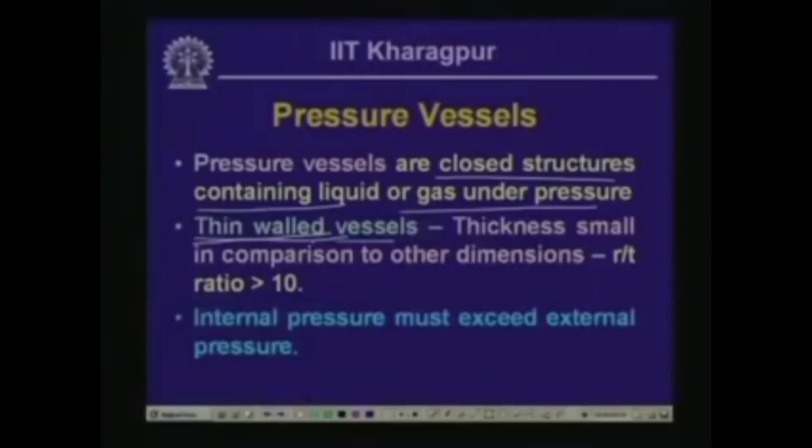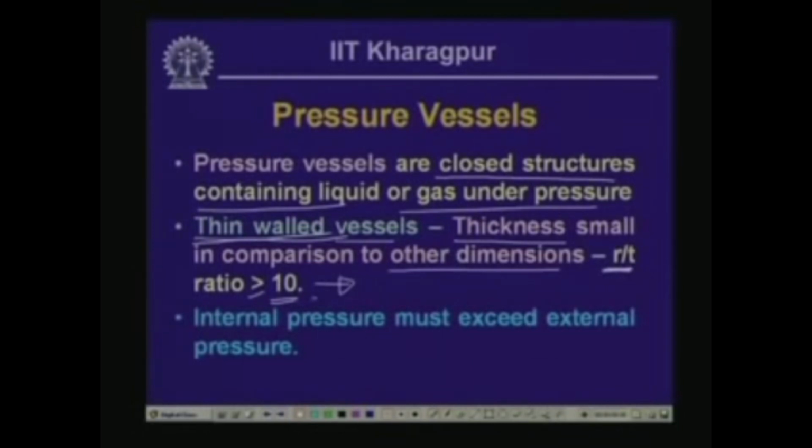Thereby we consider a state of stress on the surface in 2 directions. The third direction stress is 0. We call those vessels thin walled for which the thickness is so small in comparison to the other dimension that the ratio R by T, where R is the radius of the cylindrical tank and T is the thickness, is greater than or equal to 10.